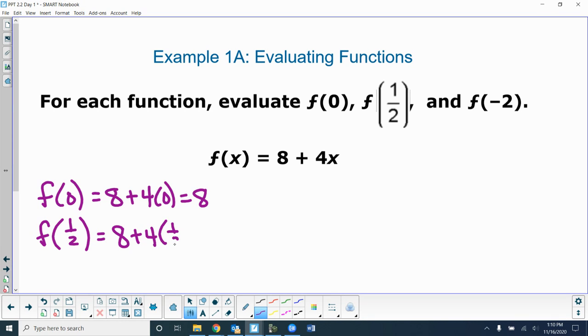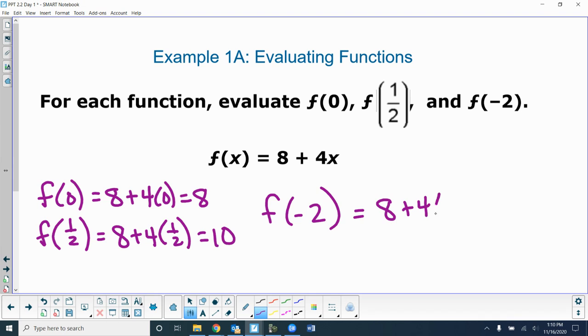You are correct. 4 times 1/2 is 2, 8 plus 2 is 10. Okay, Sydney, what's f of -2? Very good. Because we're going 8 plus 4 times -2 is -8. 8 plus -8 is 0. Any problems with those? Making sense? Liam? Good? All right.